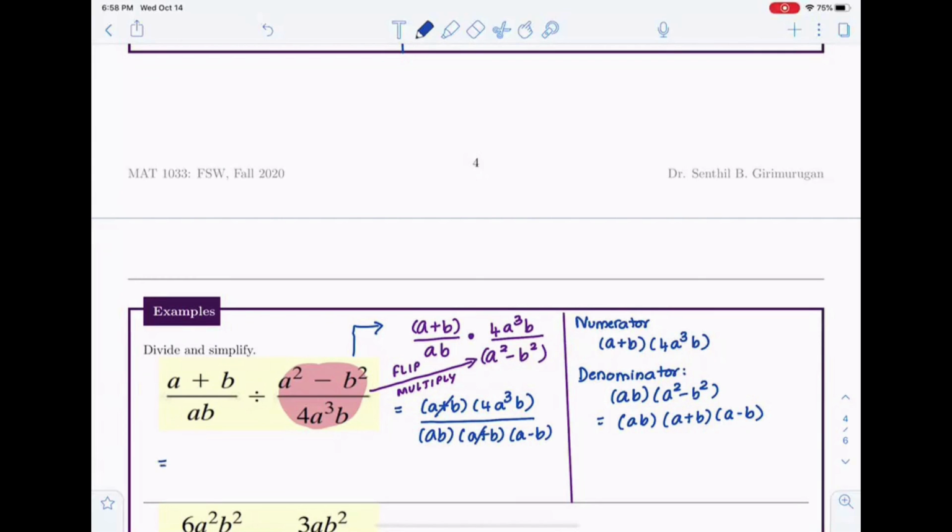Now, in the numerator, I could write 4a cubed b as 4a squared times ab, using the properties of exponents. A squared times a is a cubed. Divide that by ab times a minus b. Now I could cancel ab, which would result in 4a squared divided by a minus b.